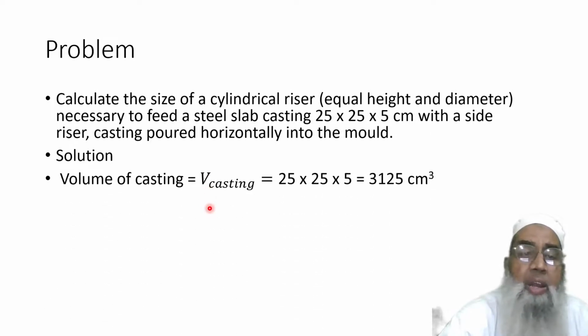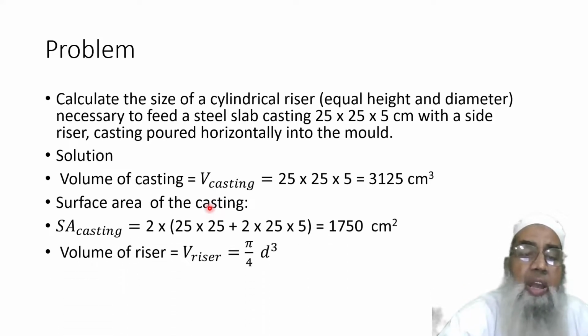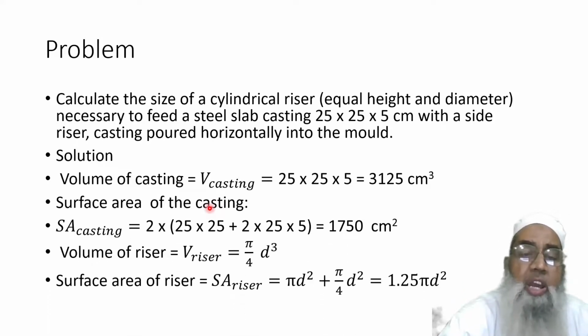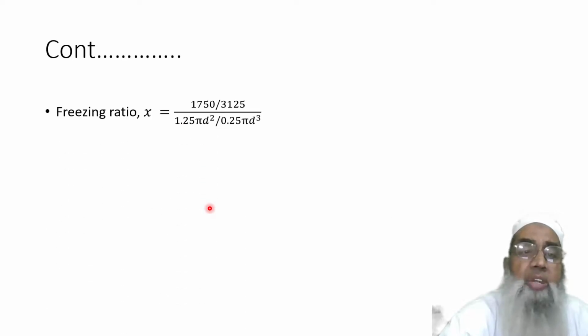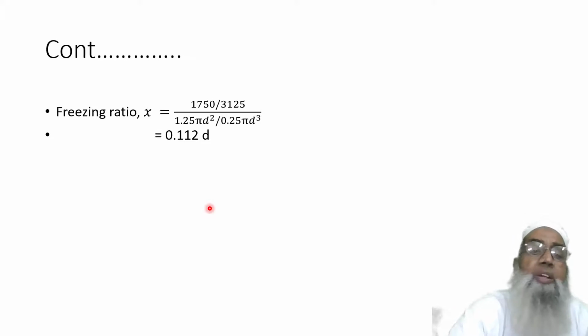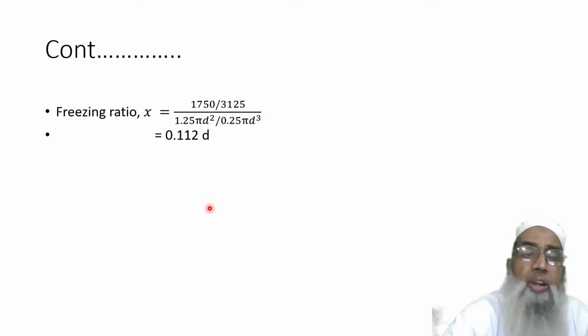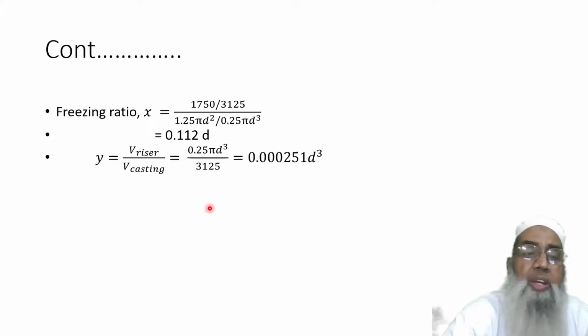And we can calculate the volume of the casting, area of the casting, and volume of the riser, area of the riser. Therefore, we can calculate the freezing ratio, that comes out to be 0.112 D. Similarly, we can calculate the ratio of the volume of the riser and the casting, that comes out to be 0.000251 D cube.